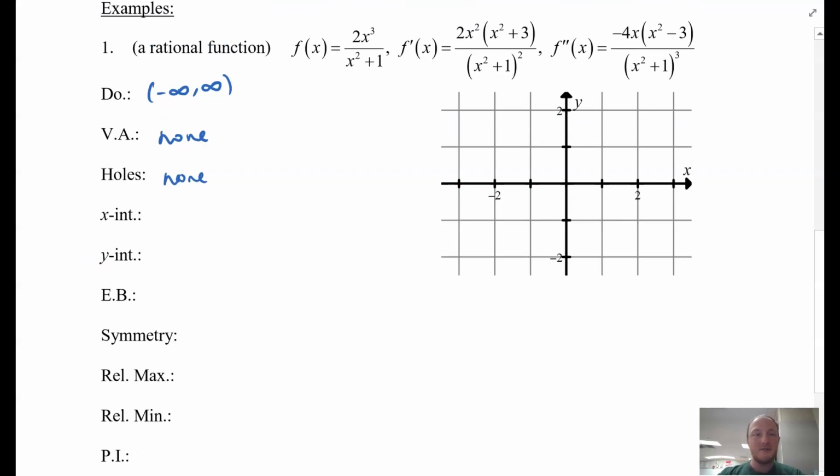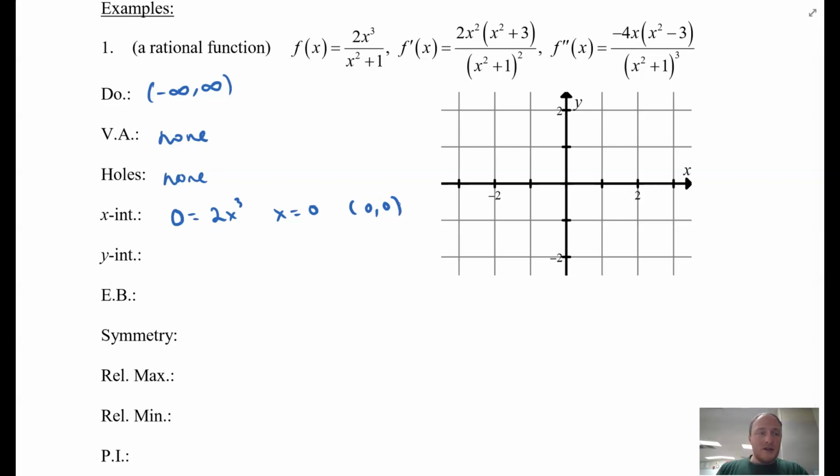X-intercept. Remember, an x-intercept is when we take our function and we set it equal to 0, and we really don't have to worry about the denominator. If we multiply both sides by the denominator, it kind of disappears, and we get 2x cubed equals 0, and when we solve, we get x is equal to 0. So if we plug this in, our x-intercept is at (0, 0), which is also a y-intercept, right?